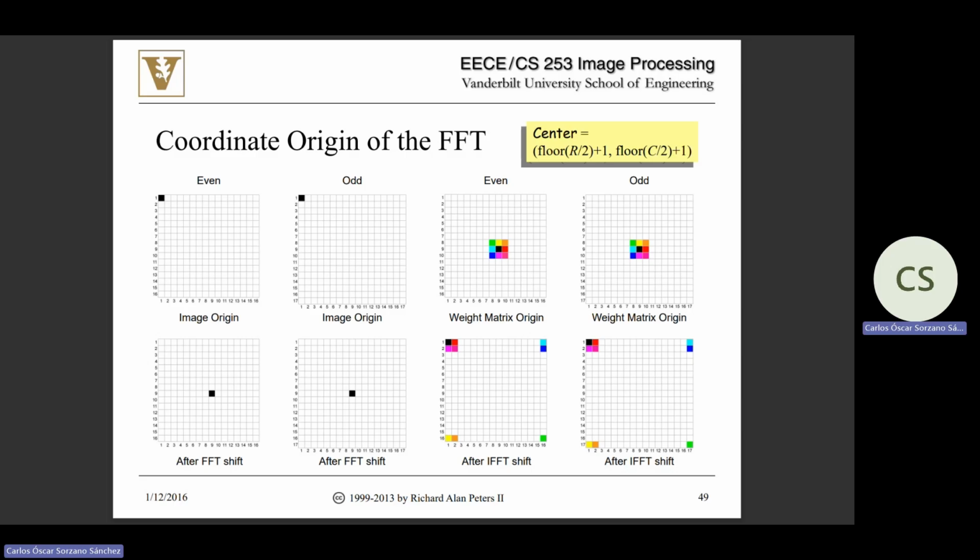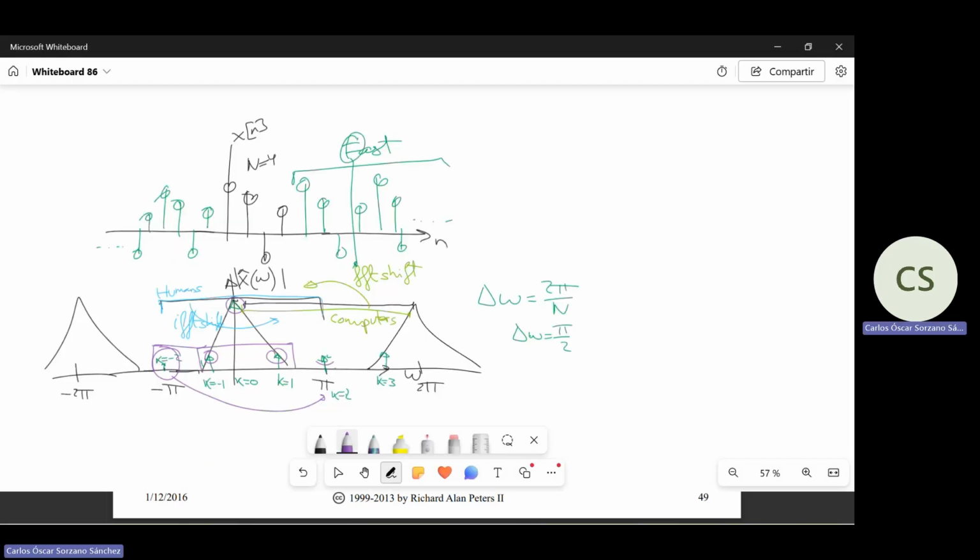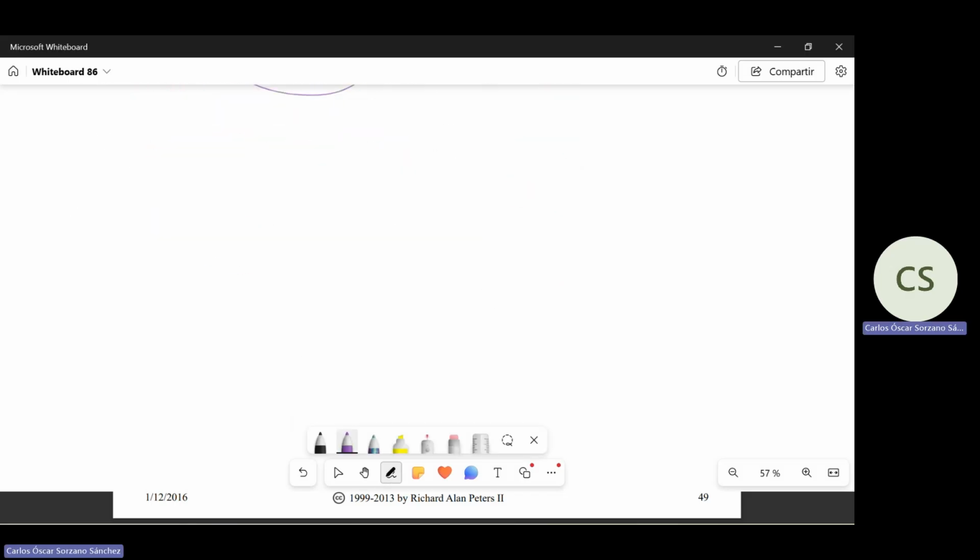Let's look at the surrounding of the origin. This has to do also with the following way of thinking. Okay, so let's redo it in one dimension. So I had this spectrum, from minus pi to pi.